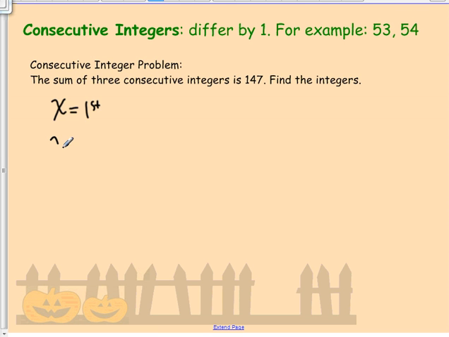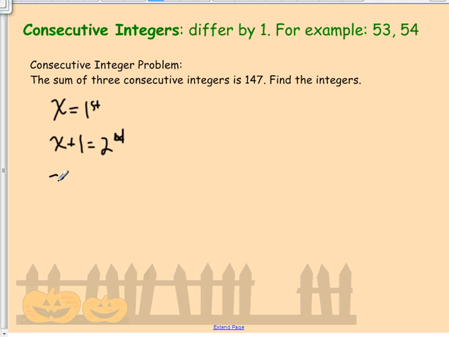So you could say x plus 1 is my second integer. So what that means is, for instance, if this was 13, well, 13 plus 1 would be 14. So those would be consecutive integers.